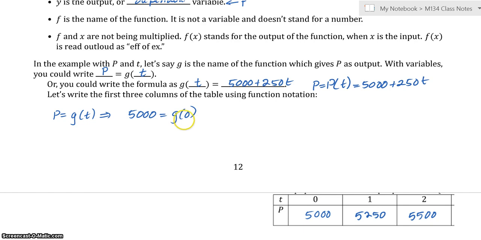That means that the T would be 0 and the P would be 5,000. Or the second one, 5,250 would equal G of 1. Or the third column here, 5,500 would equal G of 2.